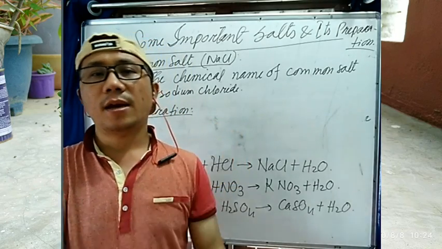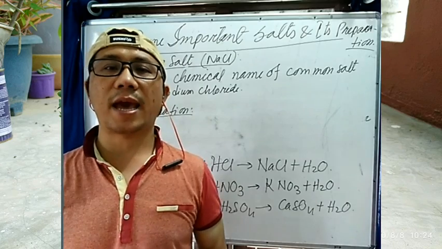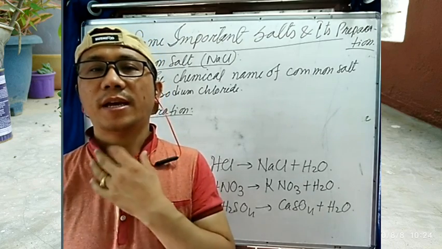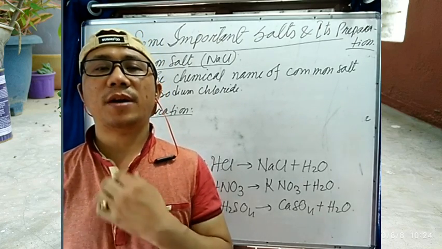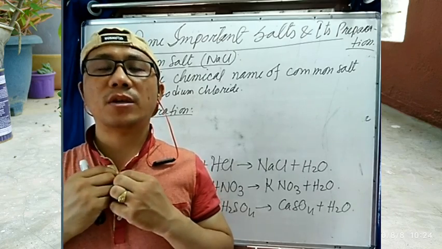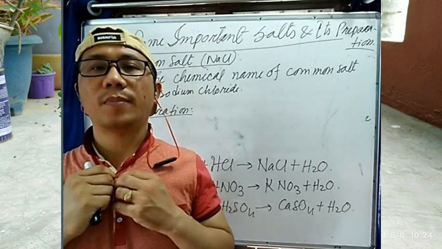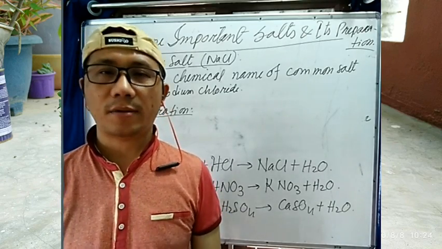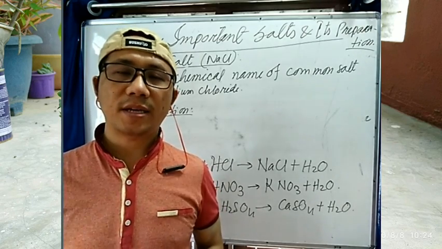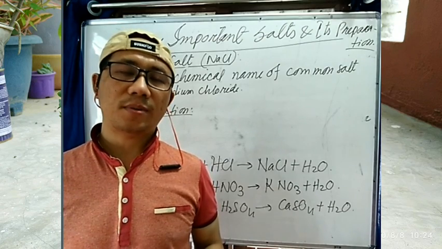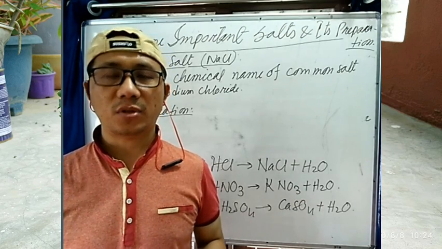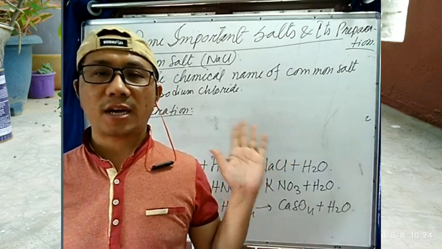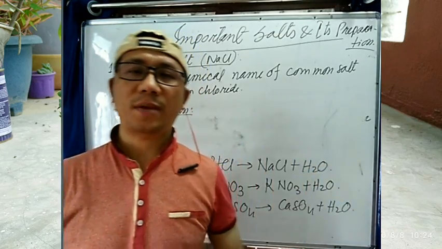But on a large scale, for industrial purposes, it is obtained from seawater. We get it by evaporating seawater. On a large scale it is prepared from seawater, because seawater contains different kinds of salts. Generally, it is salty, that's why it is prepared from there.